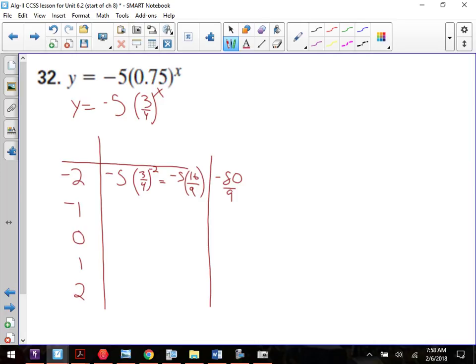And then I do the same thing with the -1. So it's -5 times 4 over 3, which gives me -20 over 3, which is only about -7. There you go. -5 times 3/4 to the 0 is just -5.